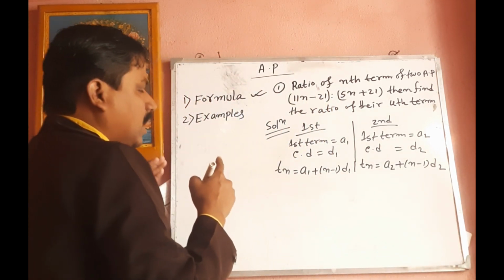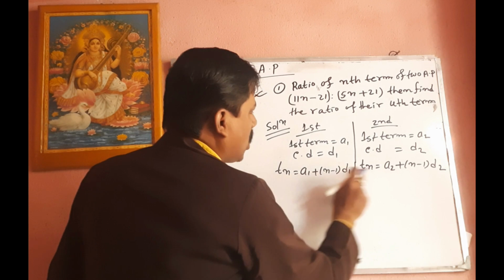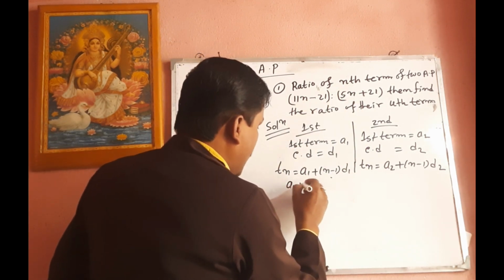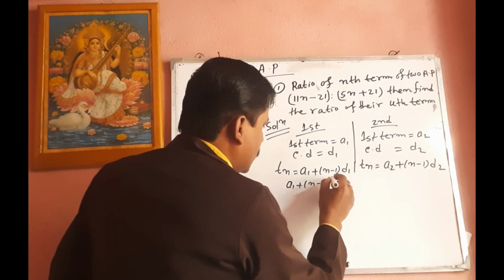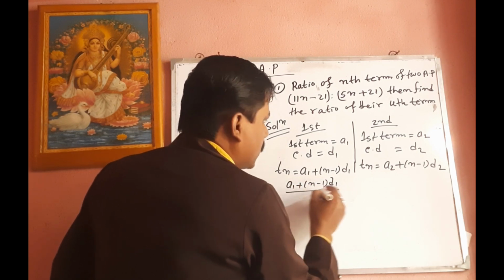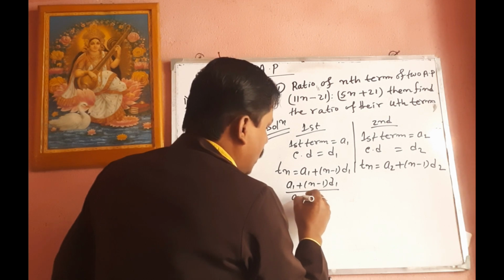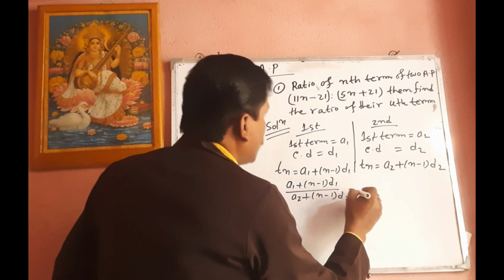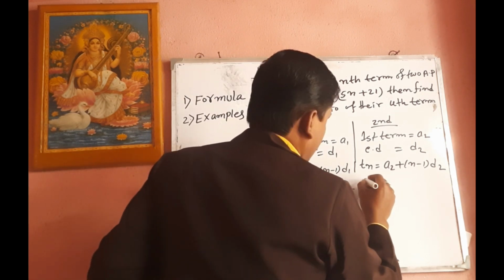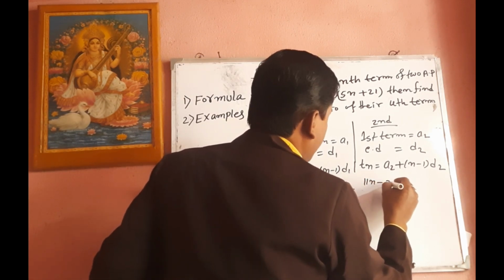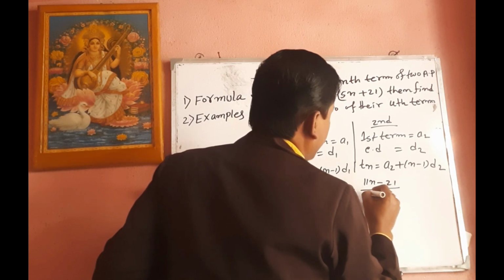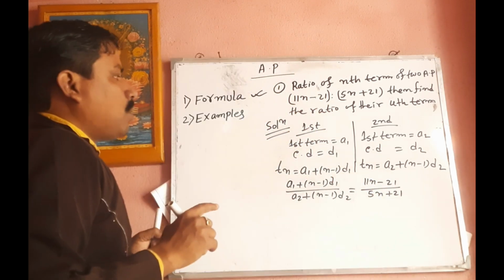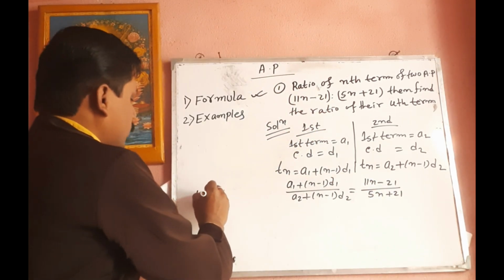Now, by the given condition, the ratio of these two is this one: (a1 plus (n minus 1) times d1) divided by (a2 plus (n minus 1) times d2) is equal to (11n minus 21) divided by (5n plus 21). Now we are discussing the fourth terms.